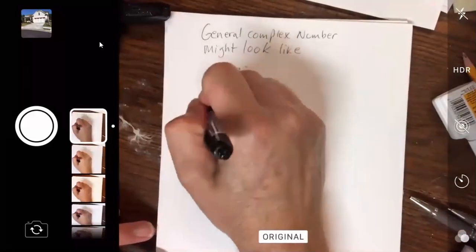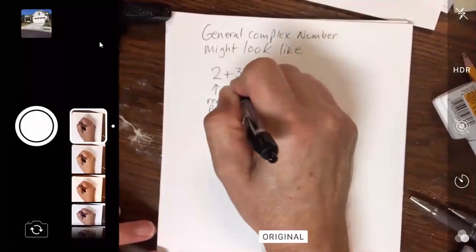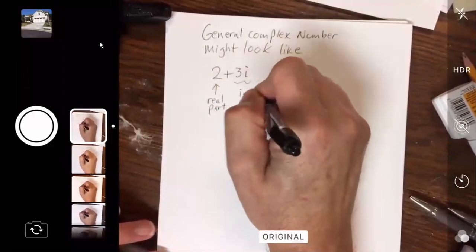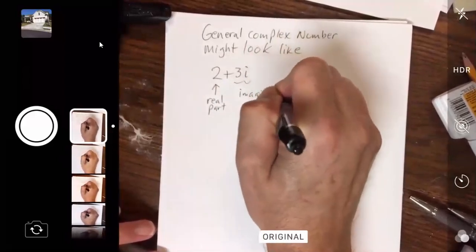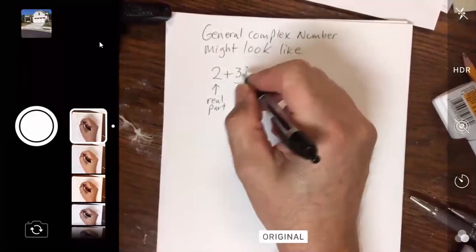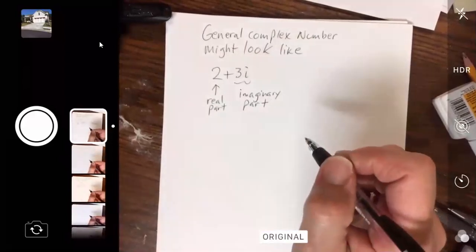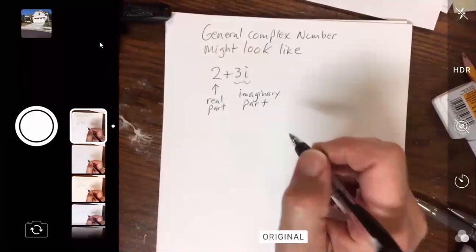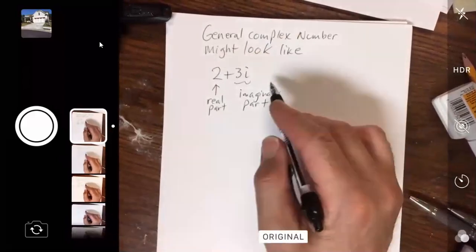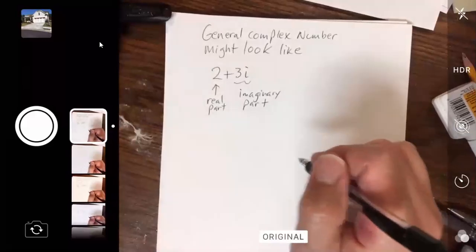It has a real part and what's called an imaginary part. You can treat i almost like it's an x. These are unlike terms, they can't be combined. At some point you've done some arithmetic with these, like add them, subtract them, multiply them, divide them. I can't really go through it here.